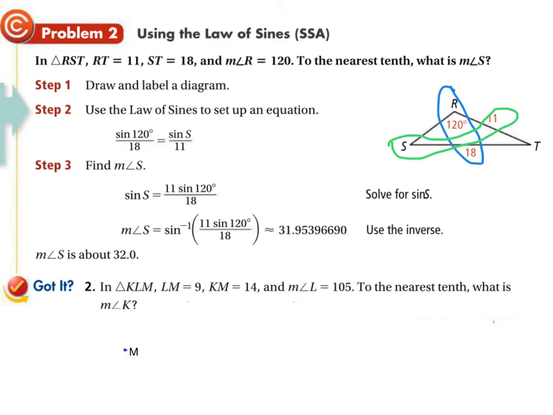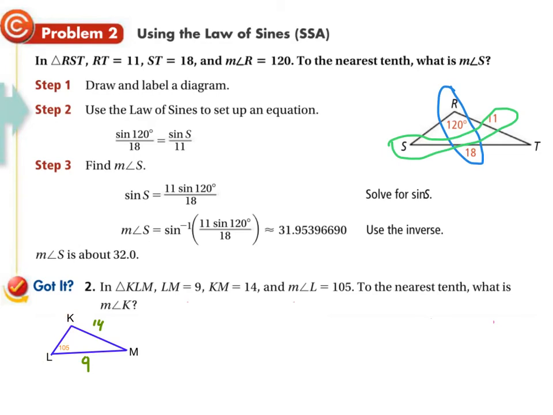Okay, so here I've made my sketch. KLM, LM is 9, KM is 14, and the measure of angle L is 105. And so what we've got is this pair here, and what we've got is this pair here. We're looking for K, the measure of angle K, okay?